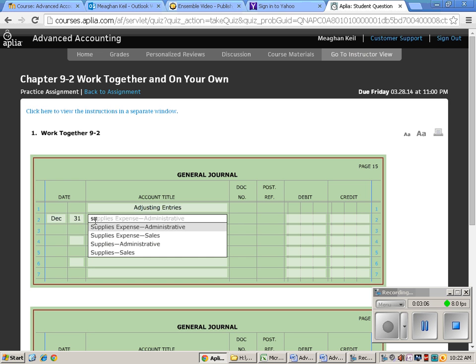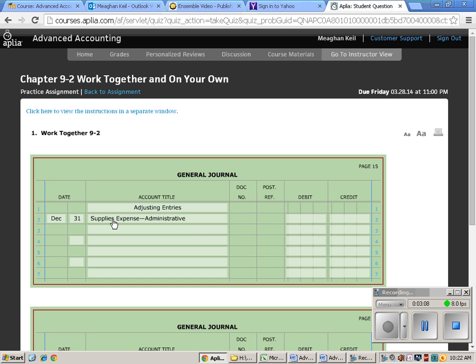So we have supplies administrative and then supplies expense. Because we're doing an adjusting entry, we initially debited the $3,200, credited our supplies, but we didn't use them all. We still have 500 remaining. All right, so there's our first one for supplies expense administrative.